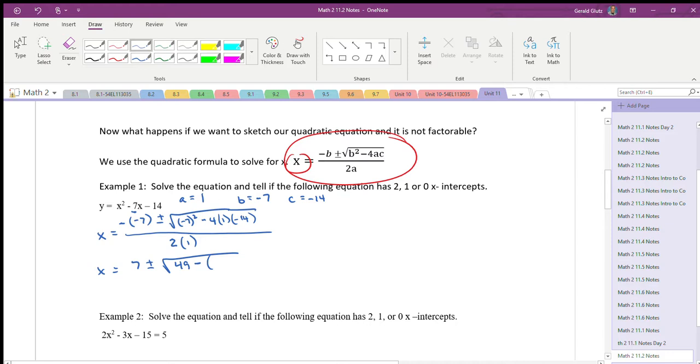And then 4 times -14 is -56. So what I did was I basically just multiplied these three things together, divided by 2.